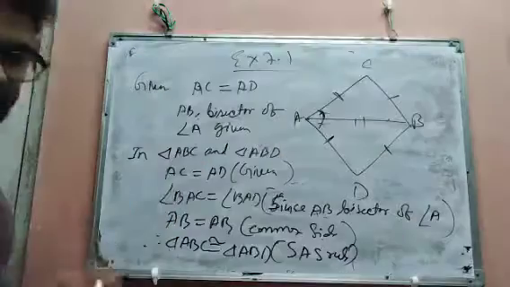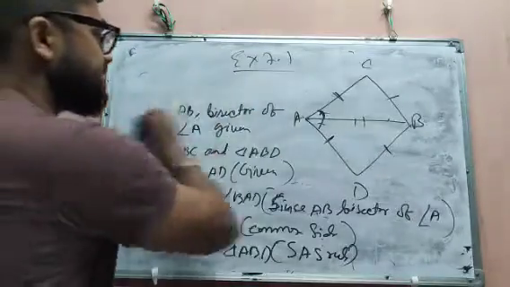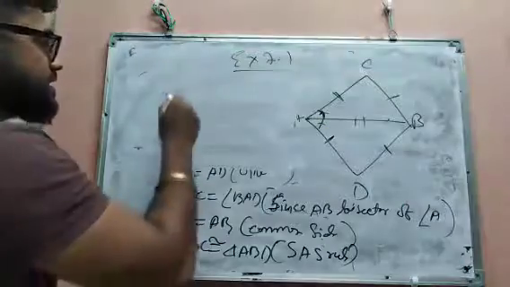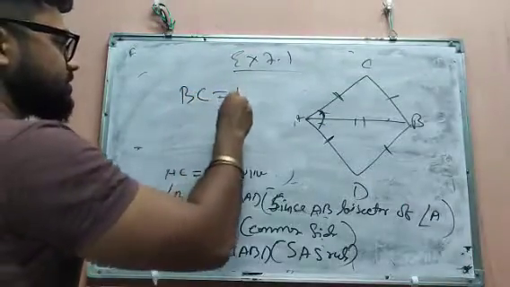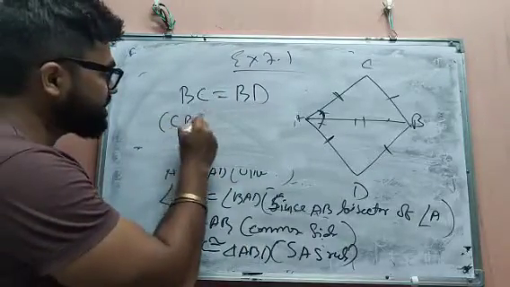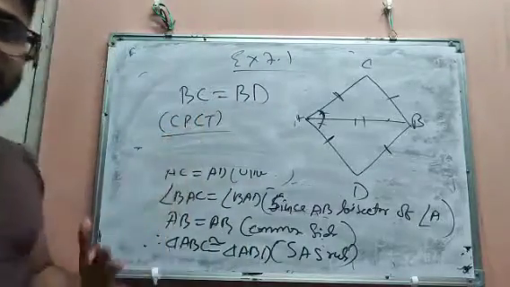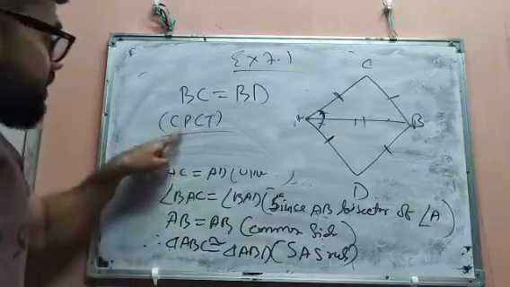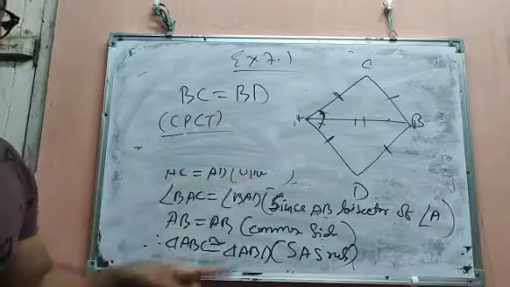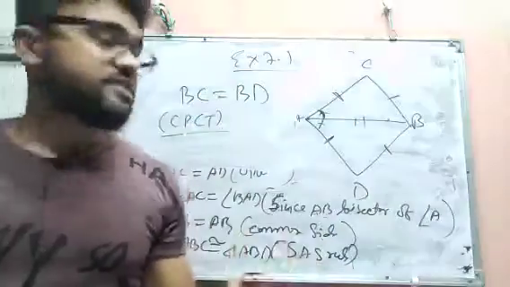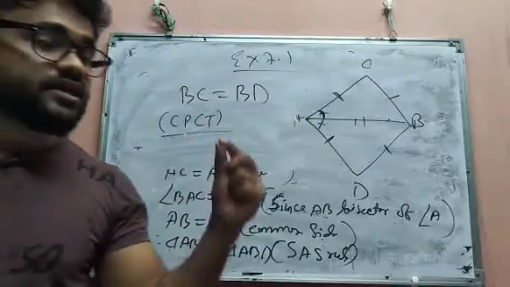So you can say that BC is always equal to BD. The condition is CPCT. CP means corresponding part of congruent triangle. That means when two triangles are congruent, all their corresponding parts become equal. So we say CP in short.